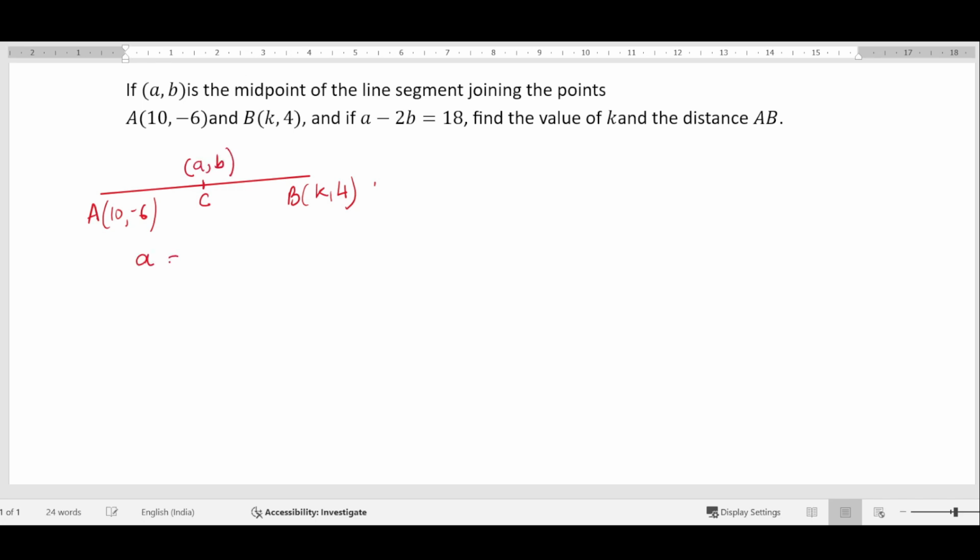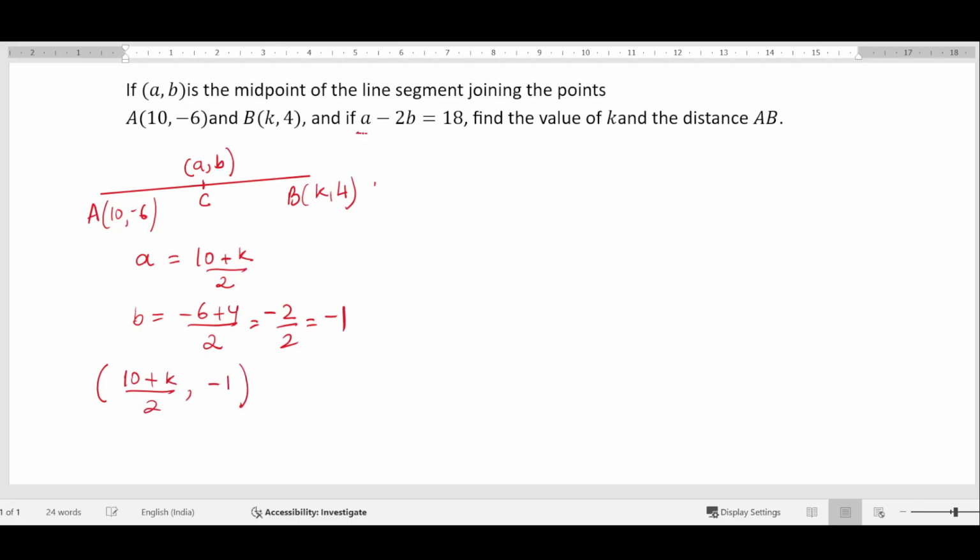Therefore, a is equal to (10 + k)/2 and b is equal to (-6 + 4)/2. This is equal to -2/2, equal to -1. Therefore, the coordinates of C will be ((10 + k)/2, -1).